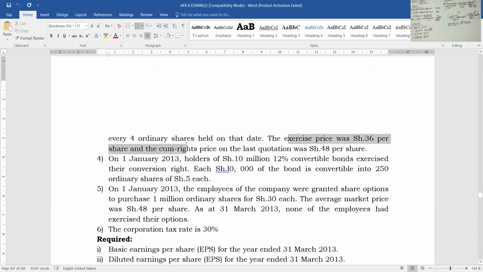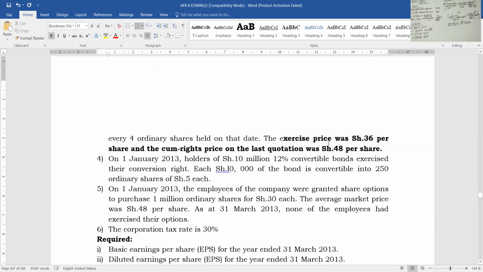And the cum-rights price, which is the market price, on the last quotation was 48. So this statement gives us the explanation of a rights issue.